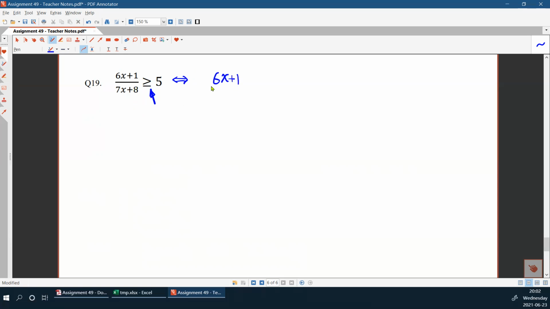(6x plus 1) over (7x plus 8) minus 5 times (7x plus 8) over (7x plus 8), and greater than or equal to 0.